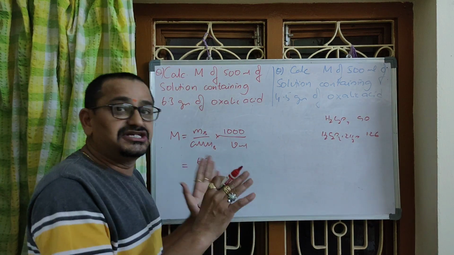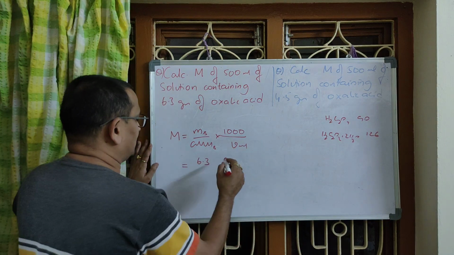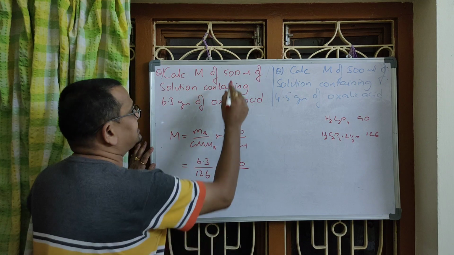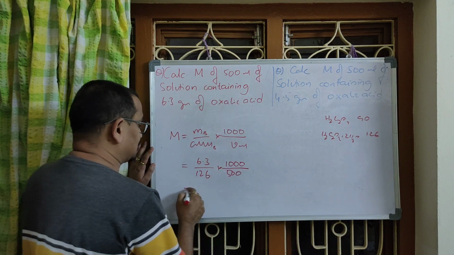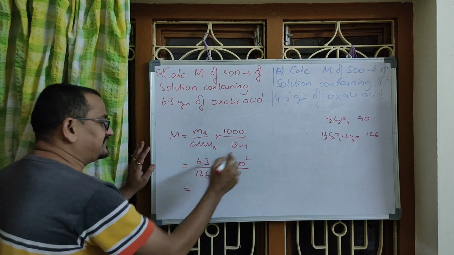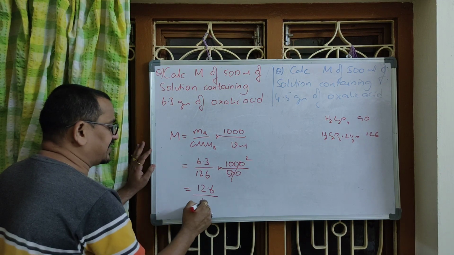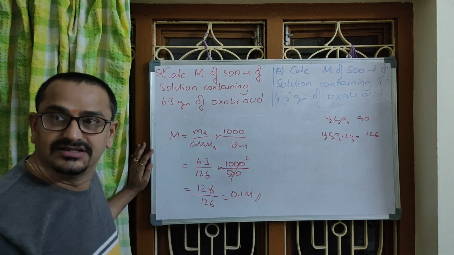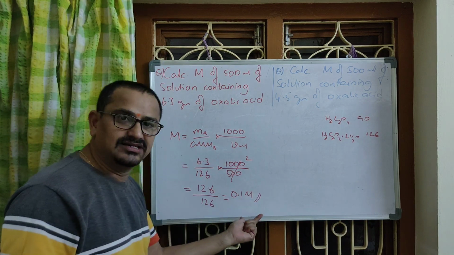This is one initial approach. Taking 126, into 1000 by the volume given, 500 ml. This cancels by 2 times, so 6.3 into 2 is 12.6 by 126. It is 0.1 molar. The solution concentration is 0.1 molar.